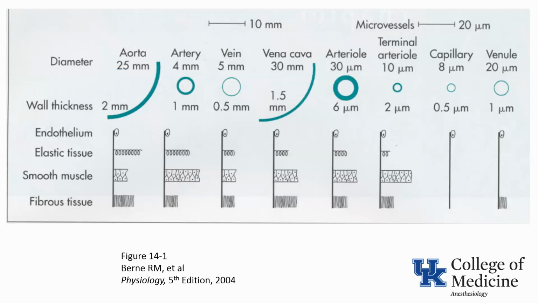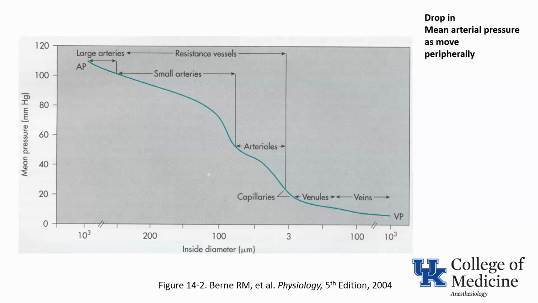This diagram shows what happens to the anatomy of the vessels as one moves through the arterial system. Note the change in the amount of elastic tissue, smooth muscle, and fibrous tissue, and also the caliber of the vessels. This diagram shows the progressive fall in blood pressure as one moves down the arterial tree.